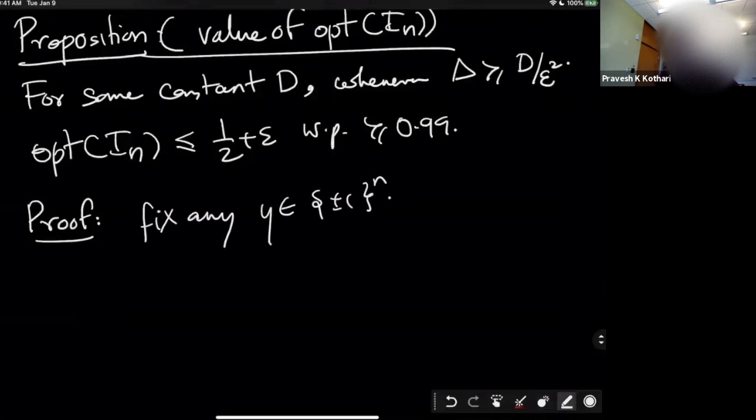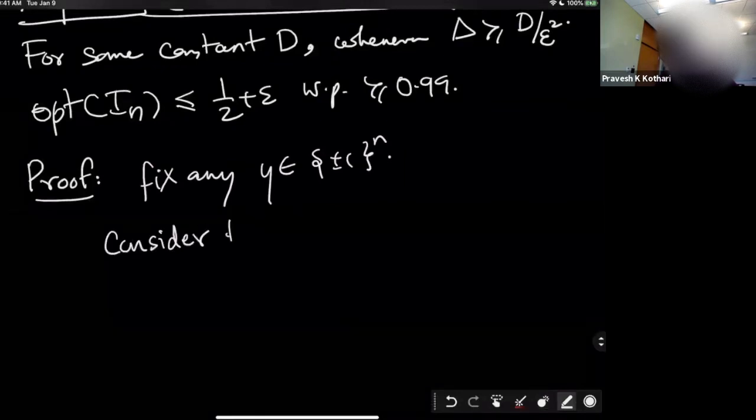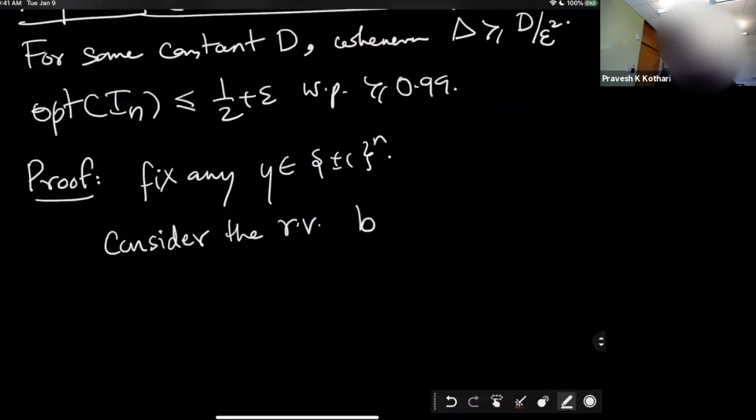Okay, good. So consider the following random variable: b_i times the product over j in c_i, the ith constraint, of y_j. Why is this a random variable? y is fixed, remember.